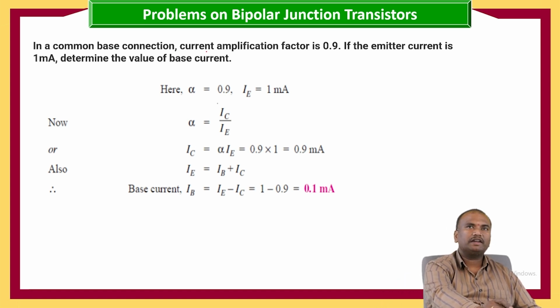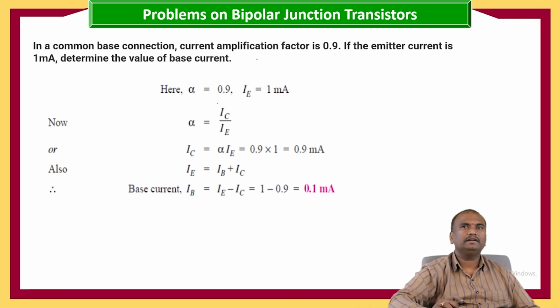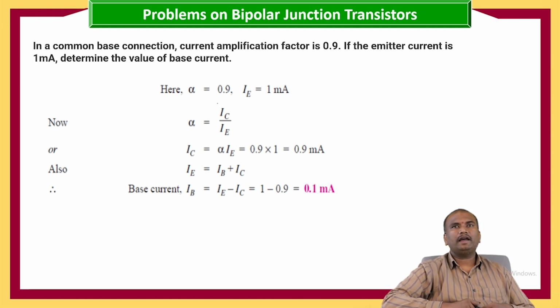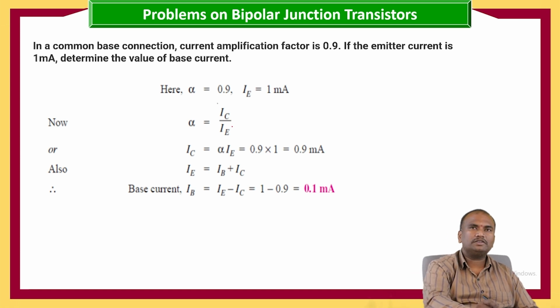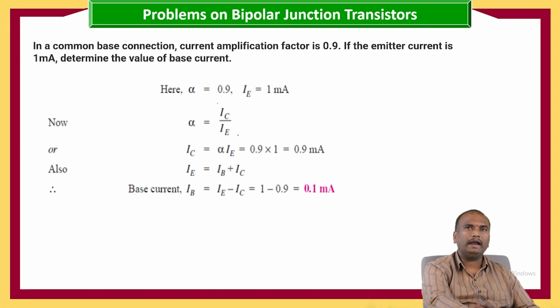In a common base connection, current amplification factor is 0.9. If the emitter current is 1 milliampere, determine the value of base current. Here, current amplification factor alpha value is given and IE value is given. So, when these two values are given, alpha is equal to IC by IE.